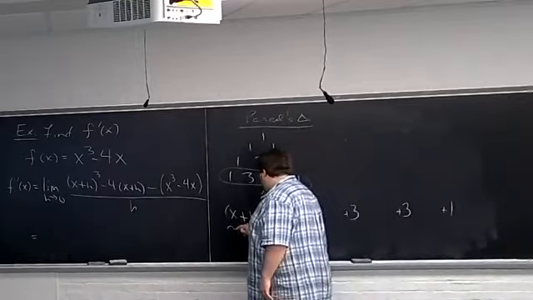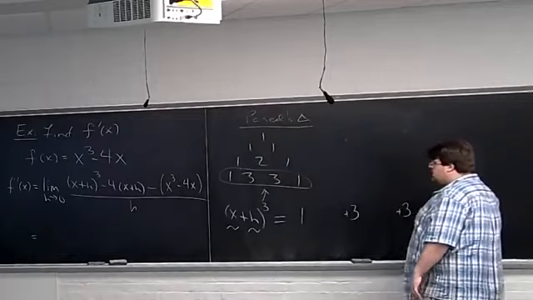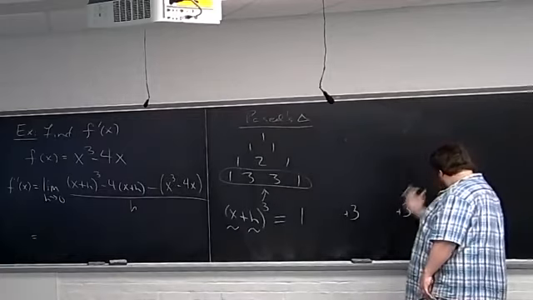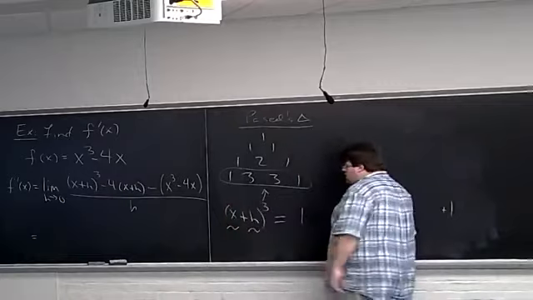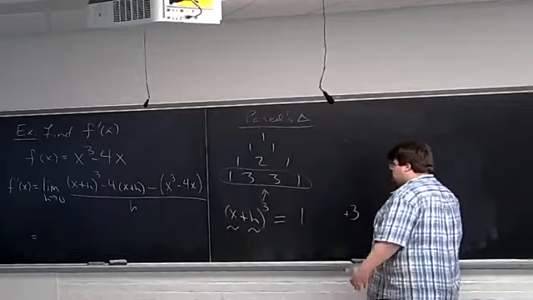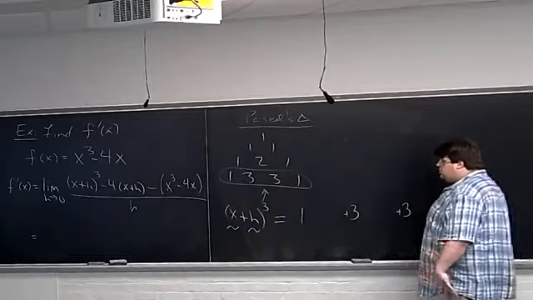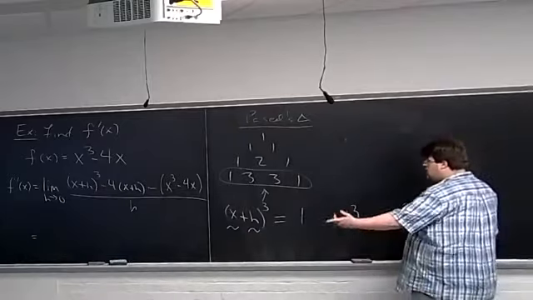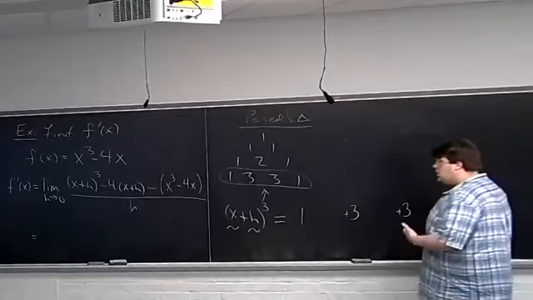Well, in this formula, we have two quantities, x and h. And what we do is we put 3 total letters on each of these numbers in a certain way. In what certain way?